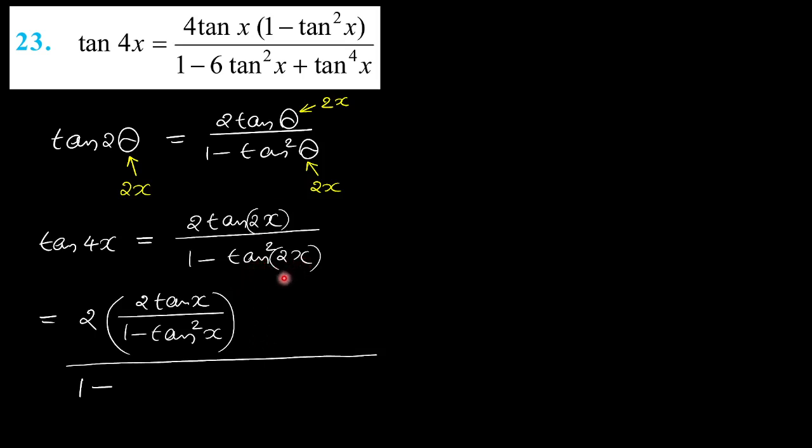I discussed many times. Tan square 2x means tan 2x the whole square. Tan 2x the whole square is tan square 2x. What is tan 2x? Tan 2x is 2 tan x divided by 1 minus tan square x.